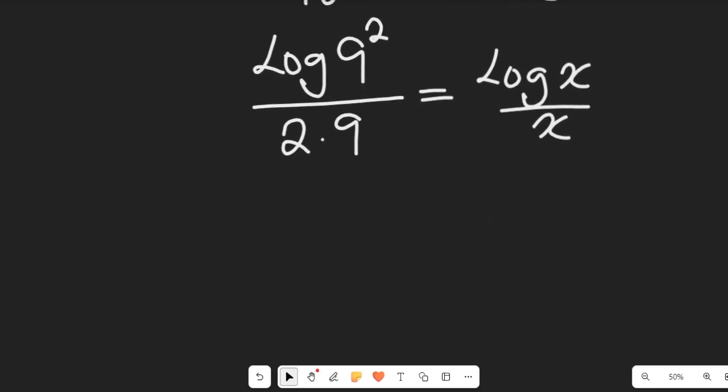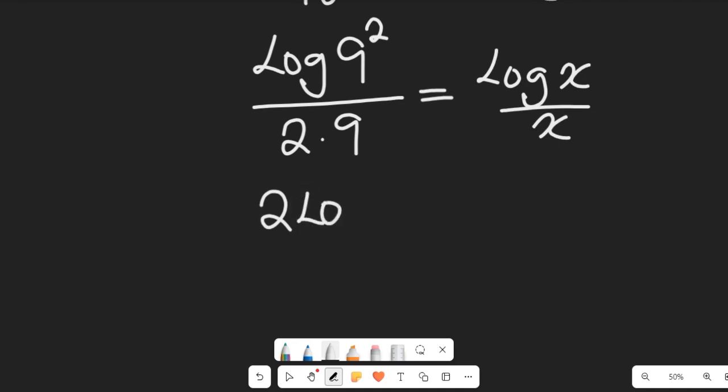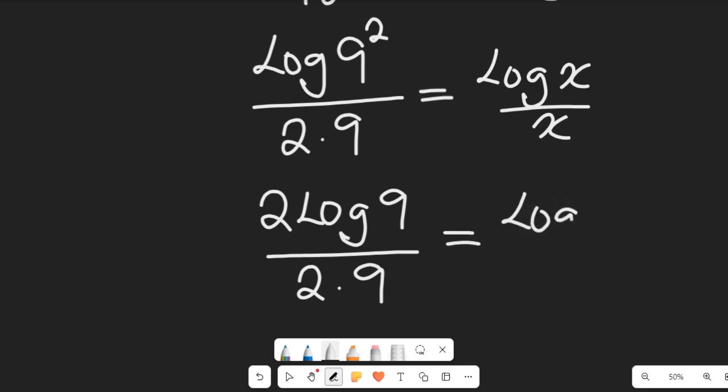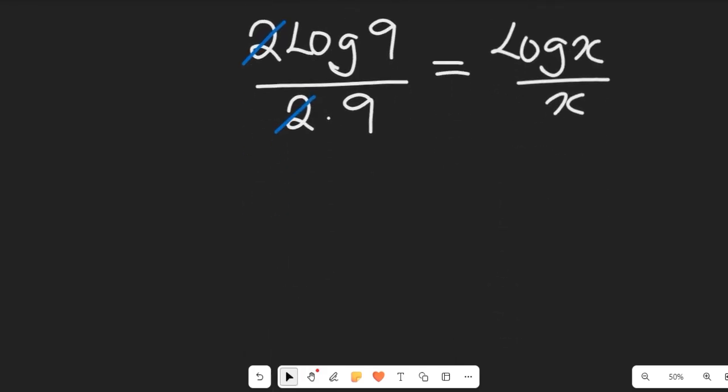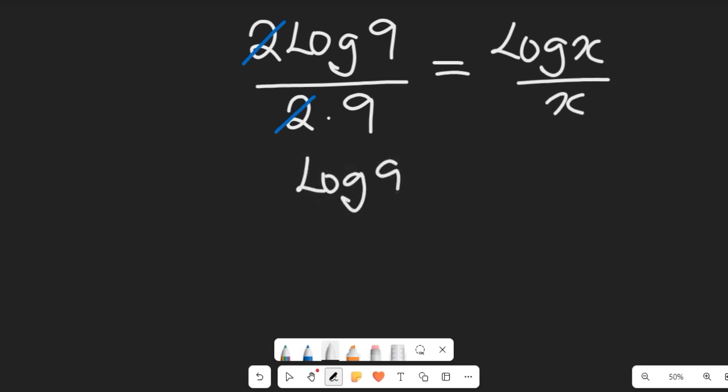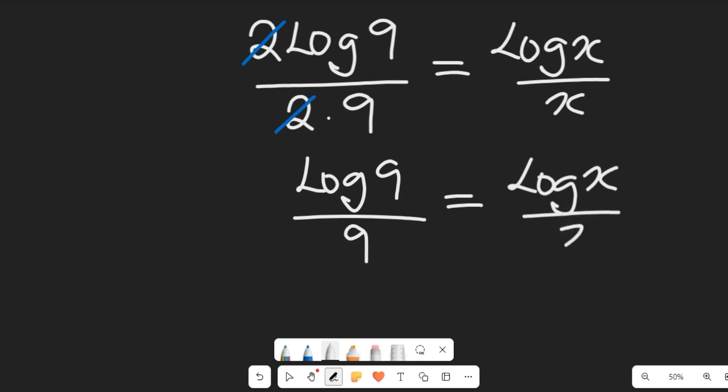So considering the law of logarithm, I can have this become 2 log of 9 divided by 2 multiplied by 9, equal to the log of x divided by x. From this expression, 2 can clear off 2, and then I'll have the log of 9 divided by 9 equal to the log of x divided by x.